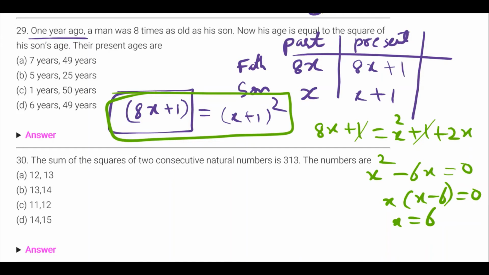We need to find the present ages. So this data is about the present ages now. So in the present, son's age is x plus 1, that is 7 years.